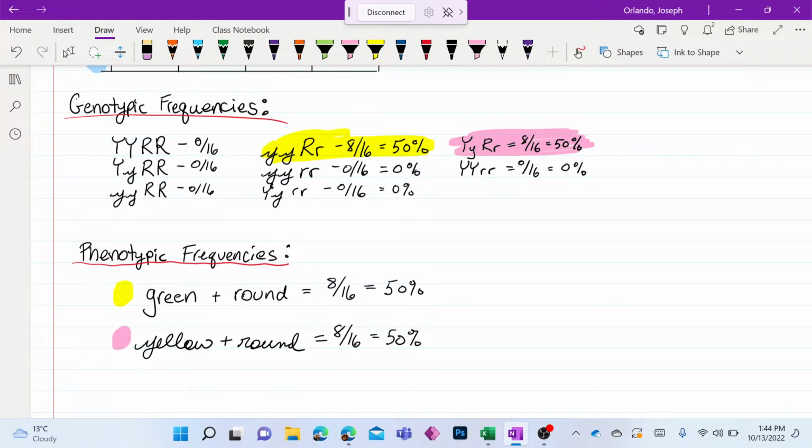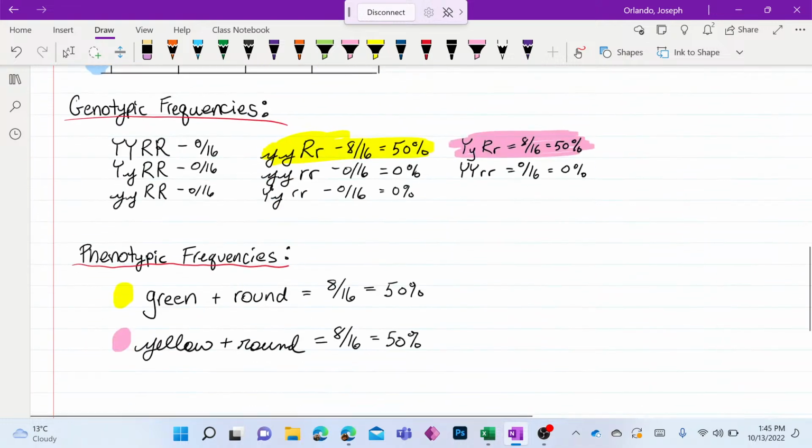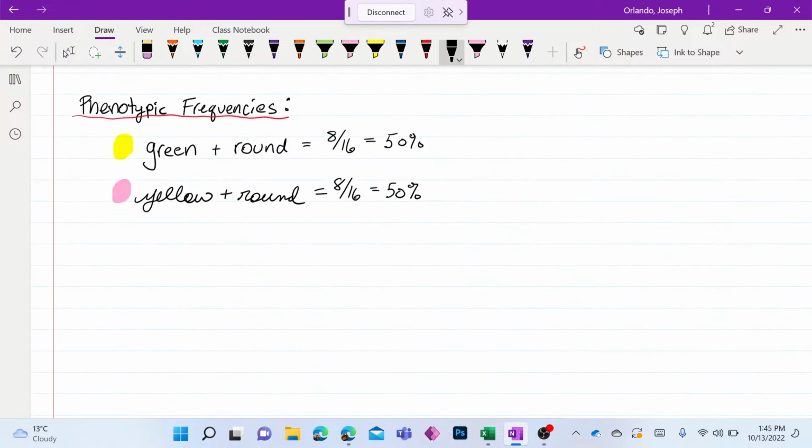All right, so we just did an example. I'll leave the example up here, but now let's look at example 2. Example 2 is going to be crossbreeding heterozygotes.